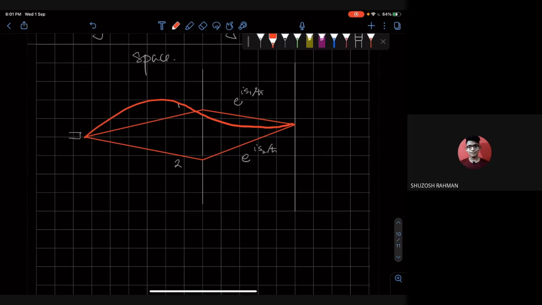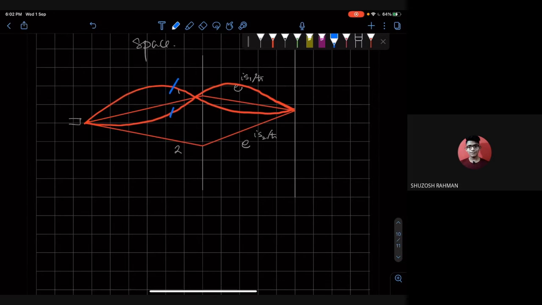That path is also there. But what's happening is that that path is going to be canceled by other paths which are kind of symmetric around this path, okay? So they will cancel those paths. So the contribution is from those two paths.